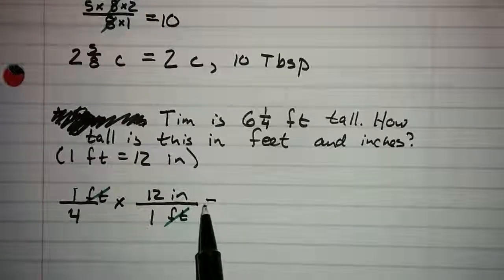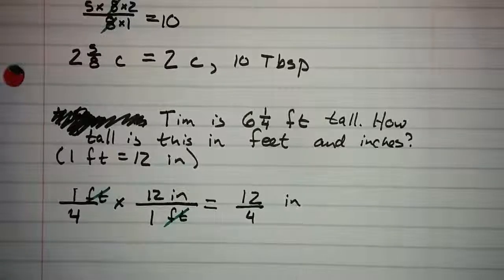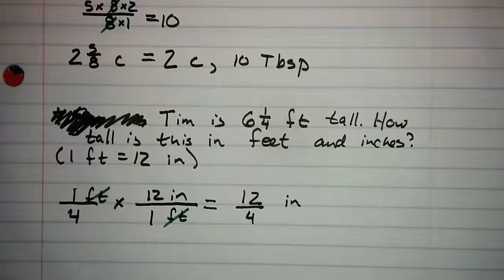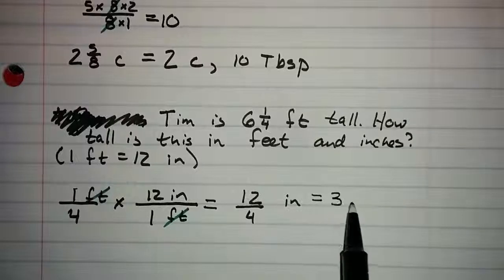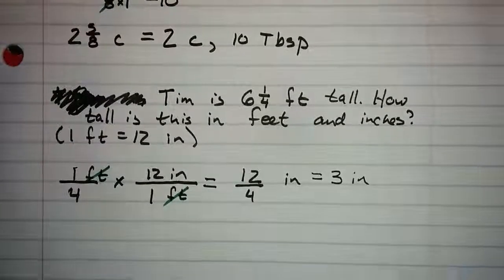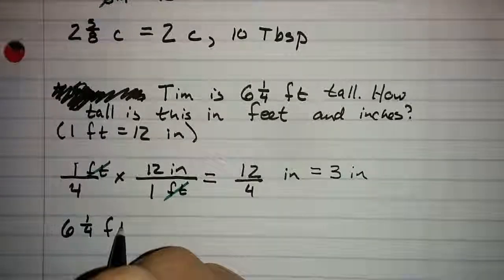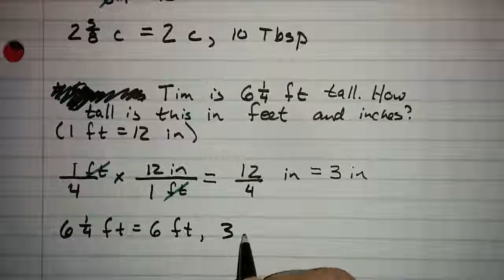And I'll be left with 12 over 4 inches. And maybe I immediately know that 12 divided by 4 is 3. Or maybe I need to simplify this. But either way, this is 3 inches. So my 6 1/4 feet, that's 6 feet 3 inches.